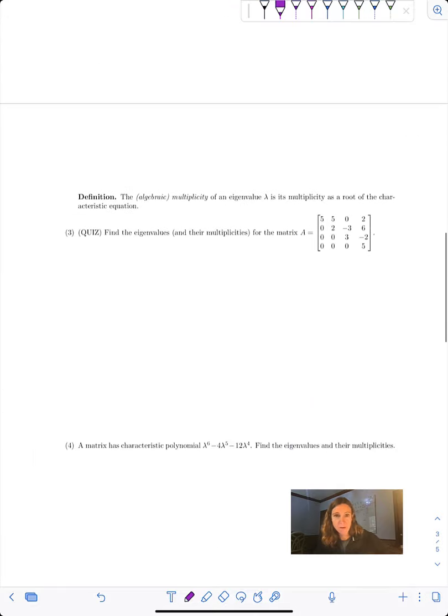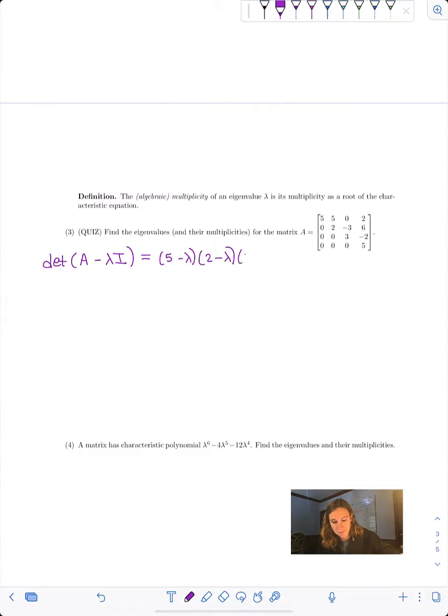Okay, so we can also talk about something called the algebraic multiplicity of an eigenvalue. So here again we have a matrix that is upper triangular, and even if it's not 3 by 3, for any matrix that is upper triangular you can take its determinant by simply multiplying down the diagonal.